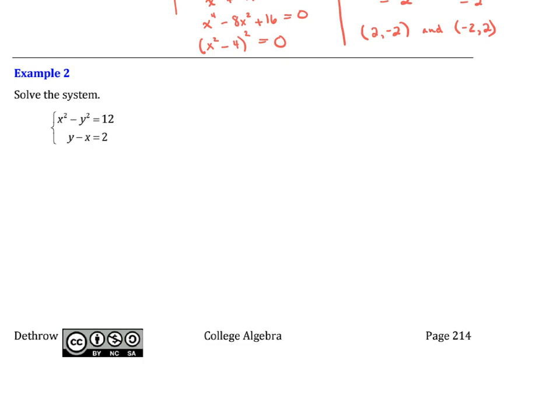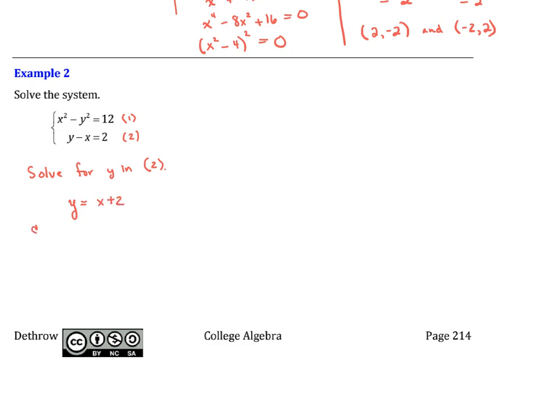Let's look at another system. Again, I'll call this equation 1 and this equation 2. If we solve for y in equation 2, we get y equals x plus 2.